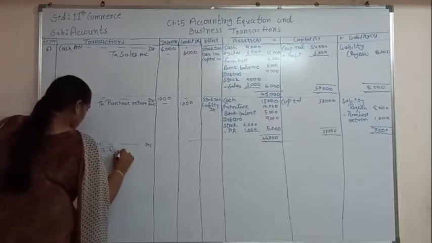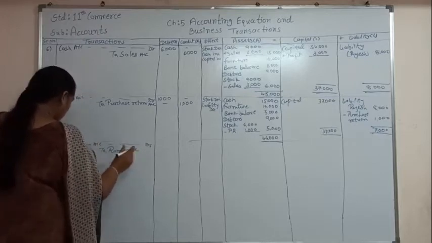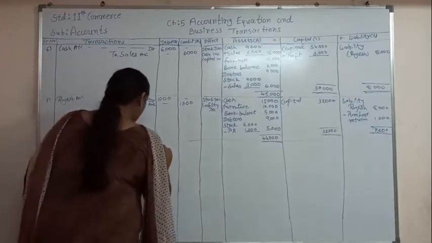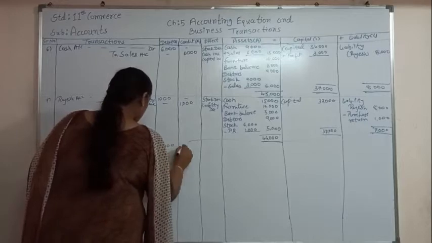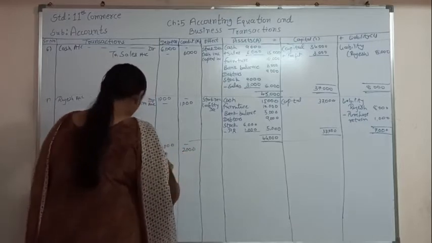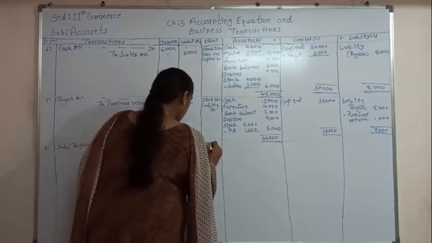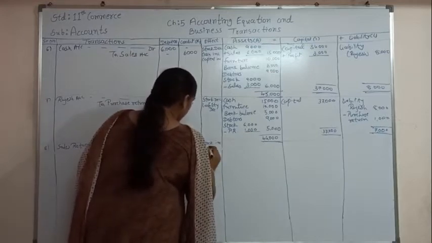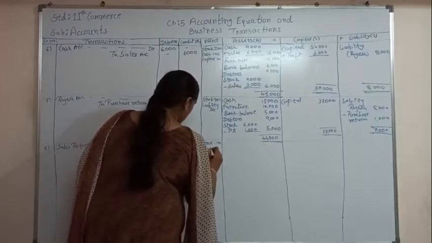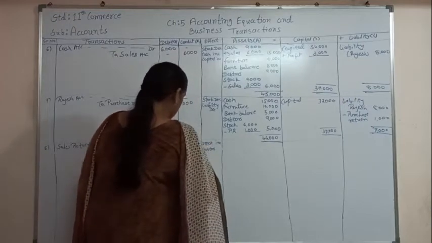Raman account. So here it is of rupees 2,000. Because of that, stock is going to be increased and debtors is going to be decreased.